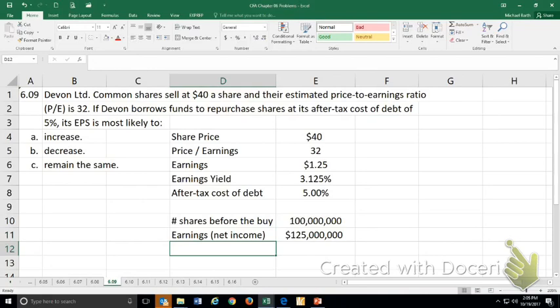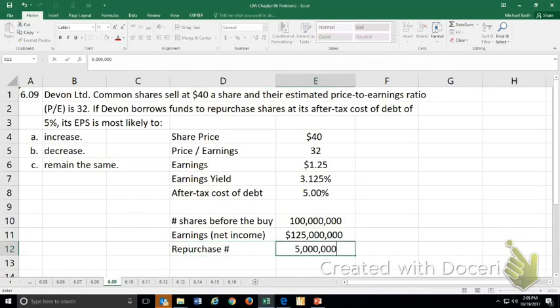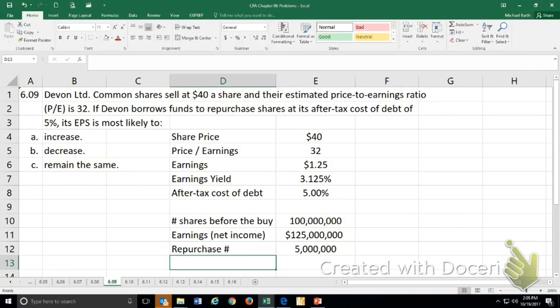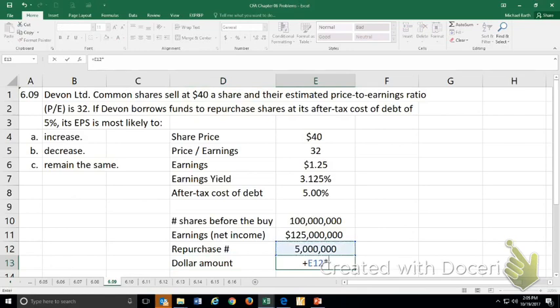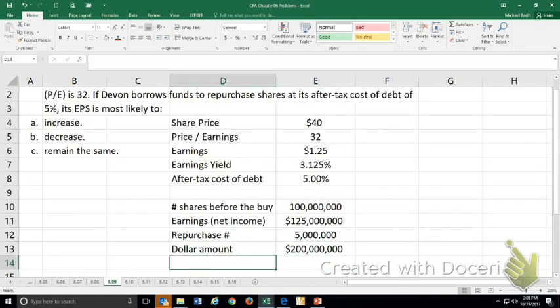And they're going to repurchase 5 million shares. Okay, so if they're going to repurchase 5 million shares, they're going to need 5 million shares times 40 bucks per share. They're going to need $200 million. So you're going to have to borrow $200 million.